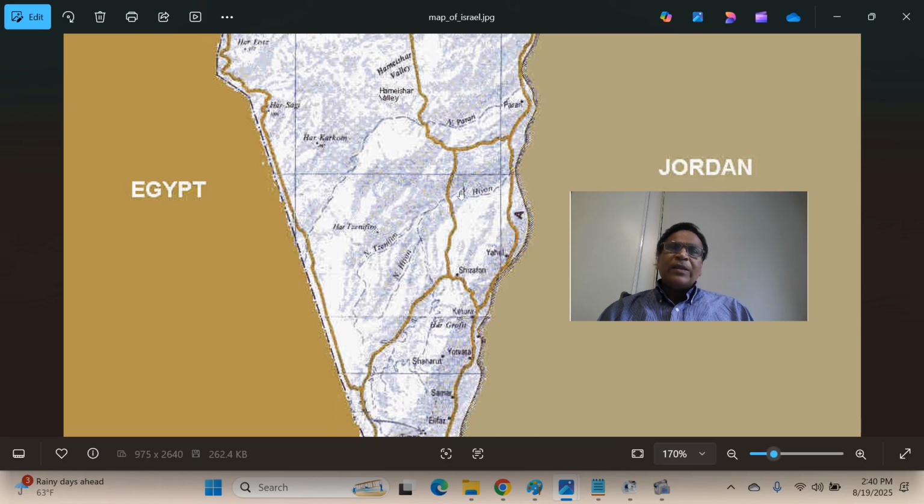We have to remember the Paran town. This is the Arava Wadi. So this is the Paran sands desert, Midbar Paran. So it comes here. You can see here I can read Har Karkom, that's the Karkom mountains, and Har Sagi, that is the Sagi mountains here.